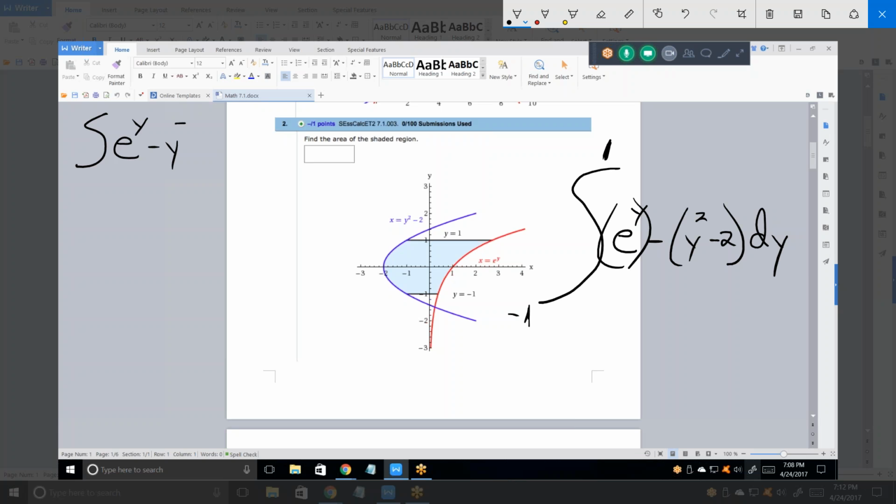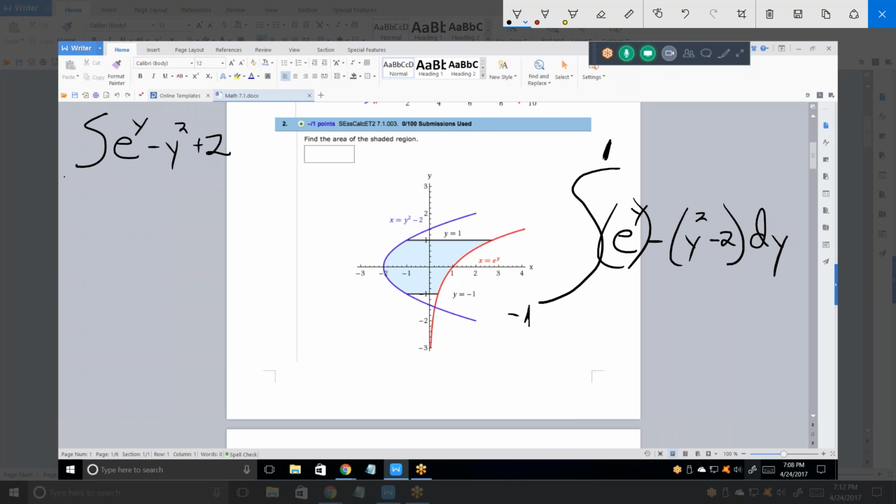It's minus y squared plus 2. In other words, this negative sign has to be distributed to both the y squared and the minus 2. And it turns it into a plus. So that's why the second set of parentheses is vitally important. Otherwise, you'd end up with a minus 2 and we'd get the wrong answer.